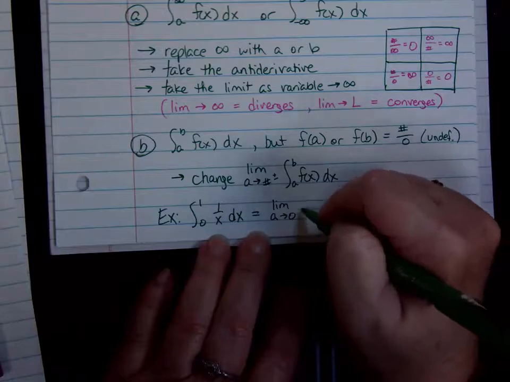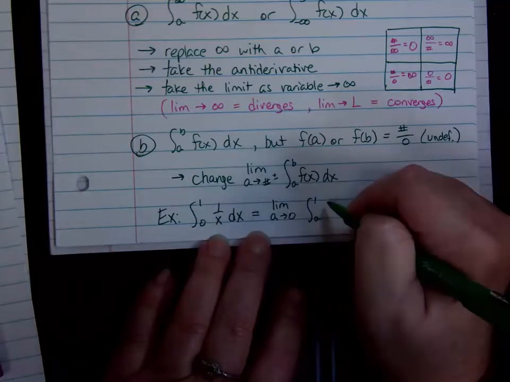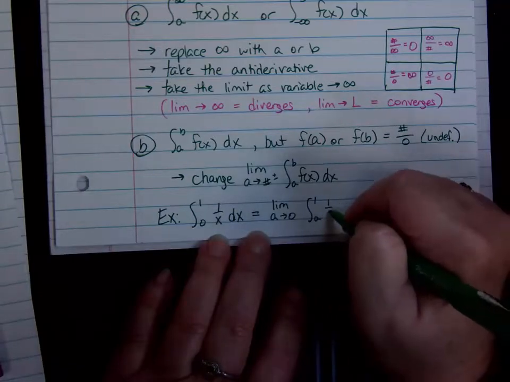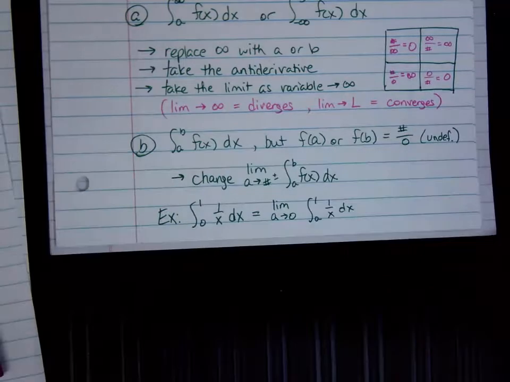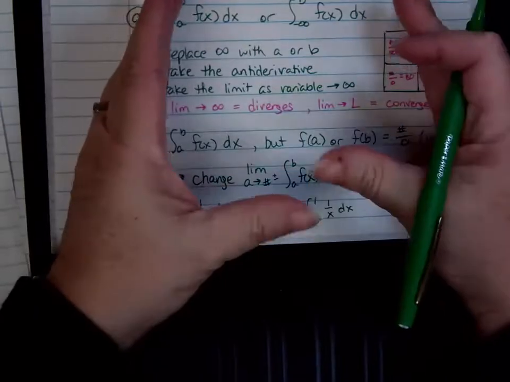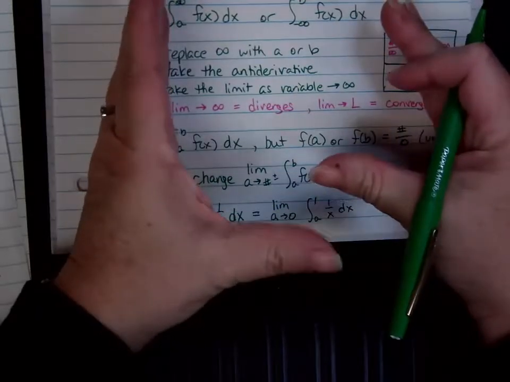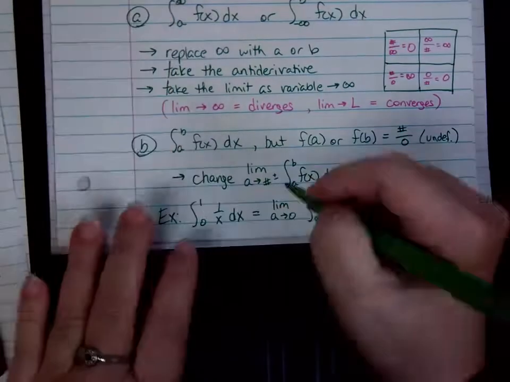Integral a to 1 of 1 over x dx. So the a replaces that bad value, but then I need to decide, is it from the left or the right? Do you remember how we decided that yesterday? Use your hands to help you. 0 to 1, area's in the middle. Which side of 0 am I on? I'm on the right. So this needs to be a right symbol.